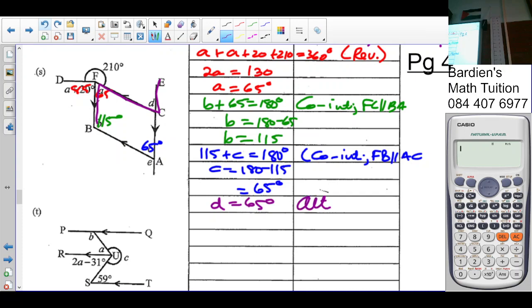Corresponding you can write, or alternate angles, both are going to get you the full mark. If you're going with corresponding, it's FC that's parallel to BA. However, for alternate, it's going to be BF, which is parallel to AC. Okay? Yeah, and you can have your mark.